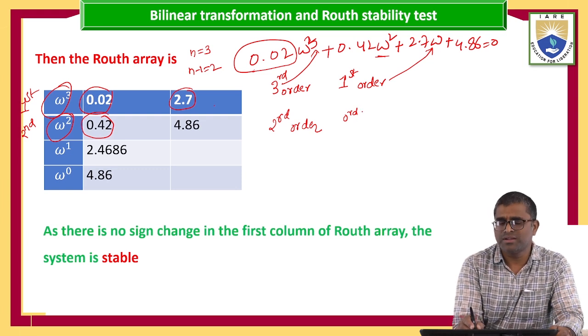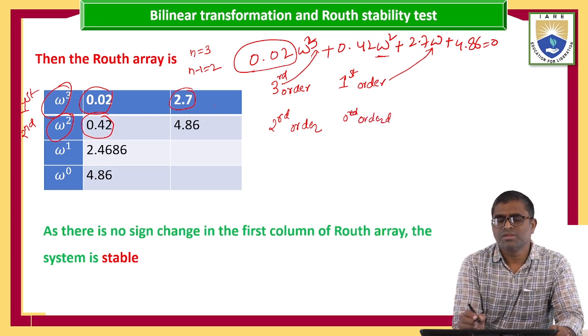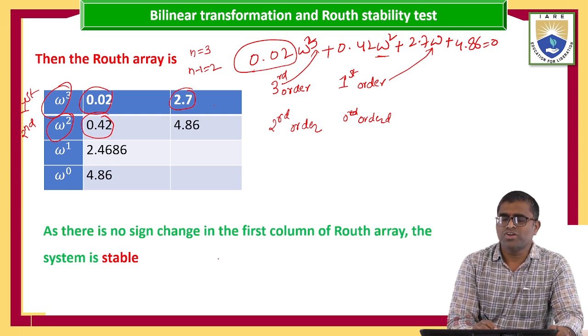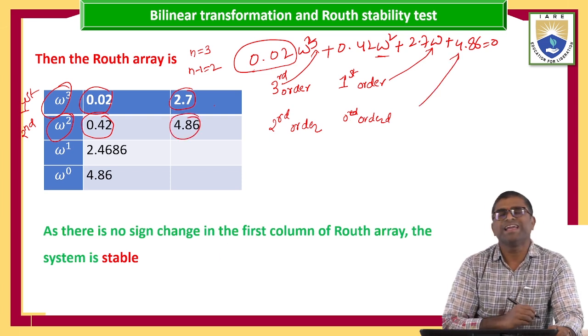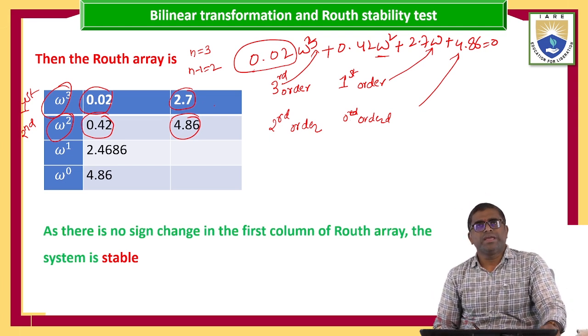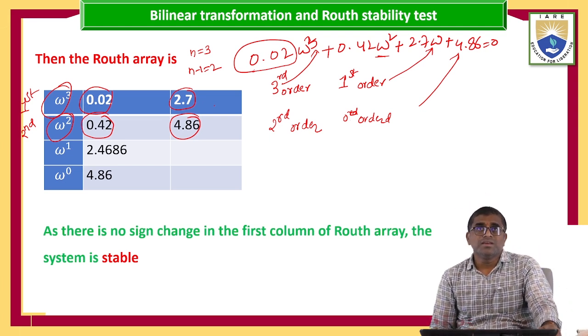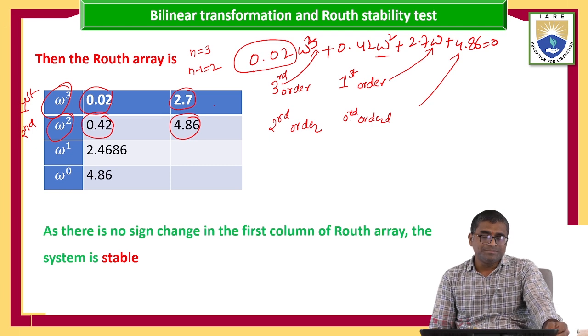After that, you have to go for the zero order term. What is the zero order term? That is 4.86. This is in the case of the RH criteria.